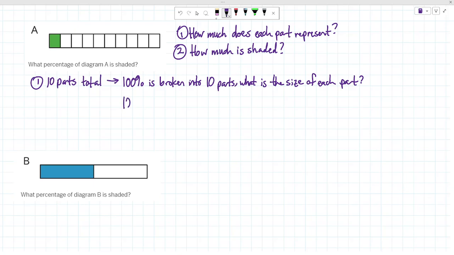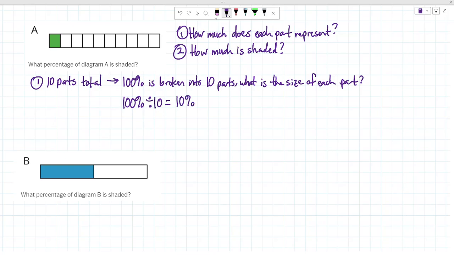Well, 100%, if we divide that by 10, because this is a division problem, we have a large group of things broken into a certain number of parts, the size of each part, that's a division problem. So what is 100% divided by 10? Well, 100 divided by 10 is 10, because 10 times 10 is 100. So this would be 10%.